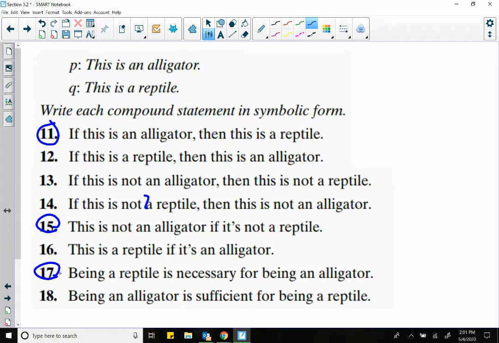And I want to talk about 17 and 18 with you. So I'm not really going to give you any to try on your own, but I do want to deal with these four. Technically, 11 and 15 you can do real quick. Go ahead, pause the video, give 11 and 15 a shot, and see what you think. But 17 and 18 I do want to talk about.